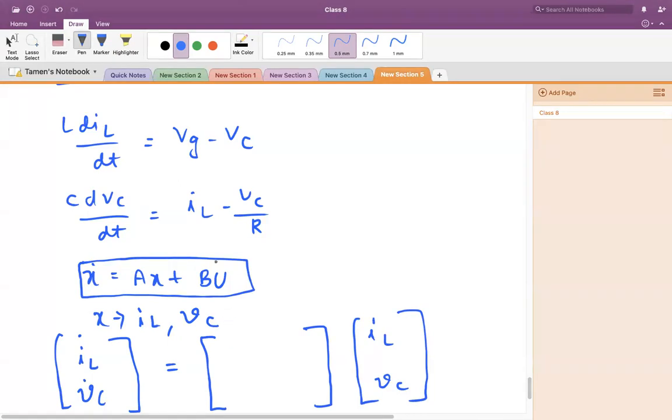DIL by dt, that is IL dot. In terms of IL, is there any IL involved here? No. So in terms of IL, dIL by dt will be 0. In terms of Vc, what will be dIL by dt?